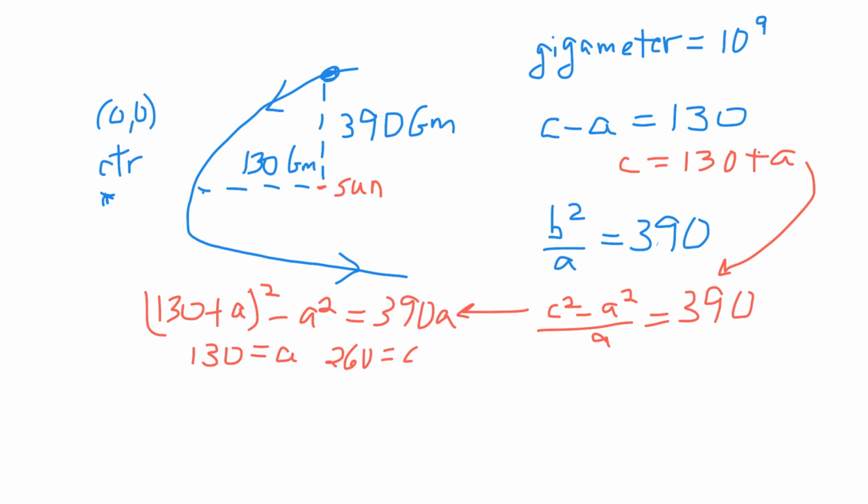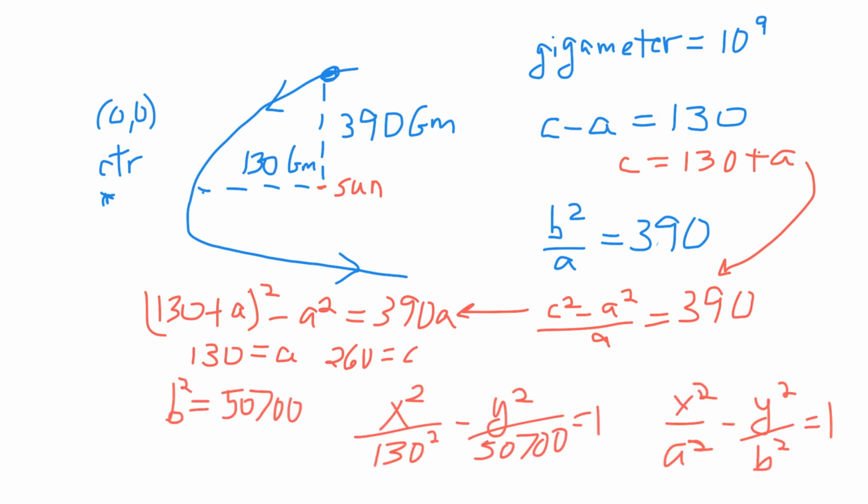And then we could write the equation for this comet in the solar system. So assuming that we're looking at this picture in this two-dimensional orientation, and that it's opening in the x direction, then I would leave my equation with the x part first, over a squared, minus the y part second over b squared.